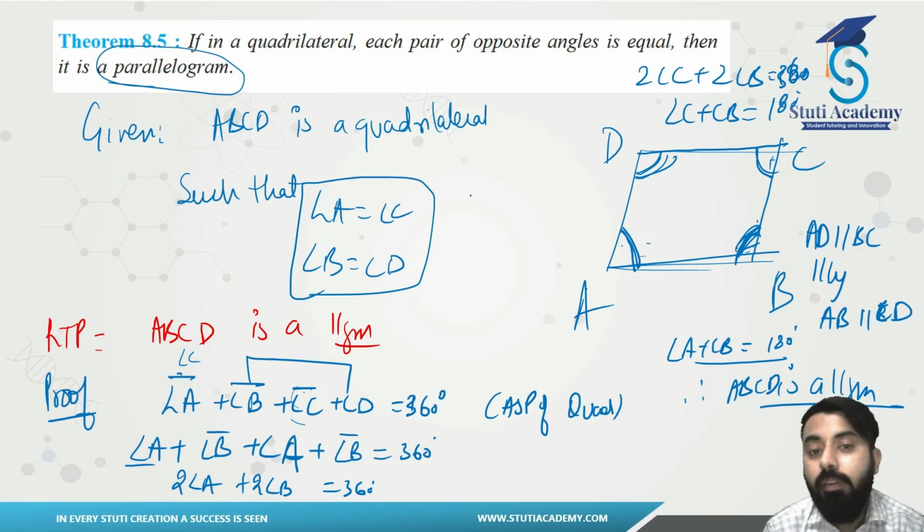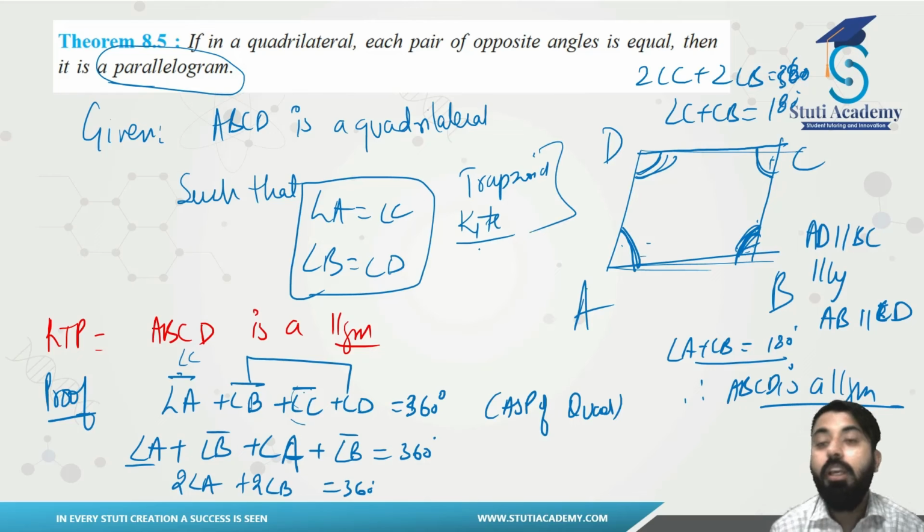If you had any doubt about why we are not proving it to be equal, remember, except your trapezoid and your kite, kite is totally different, except these two figures, each type of quadrilateral, whether it be your rectangle, your square, or your rhombus, has opposite sides equal and parallel.